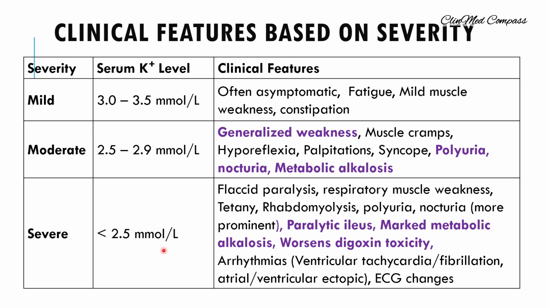In severe hypokalemia, we may have flaccid paralysis, respiratory muscle weakness, tetany, rhabdomyolysis, paralytic ileus, marked metabolic alkalosis, and more prominent polyuria and nocturia. At this level, we begin to have ECG changes of arrhythmia, such as ventricular tachycardia and ventricular fibrillation. Clinical manifestations usually worsen with declining potassium level, as you can see. Severe cases need urgent attention due to the risk of respiratory failure and arrhythmias.